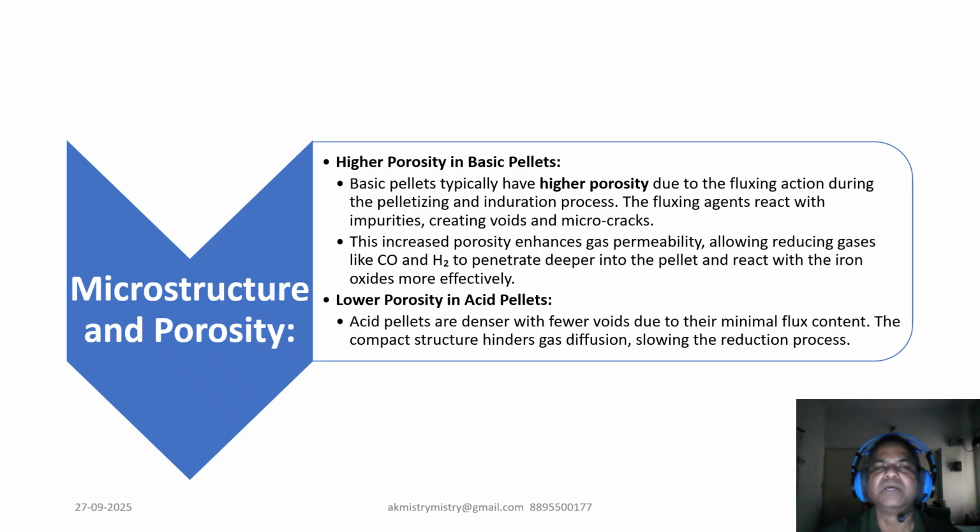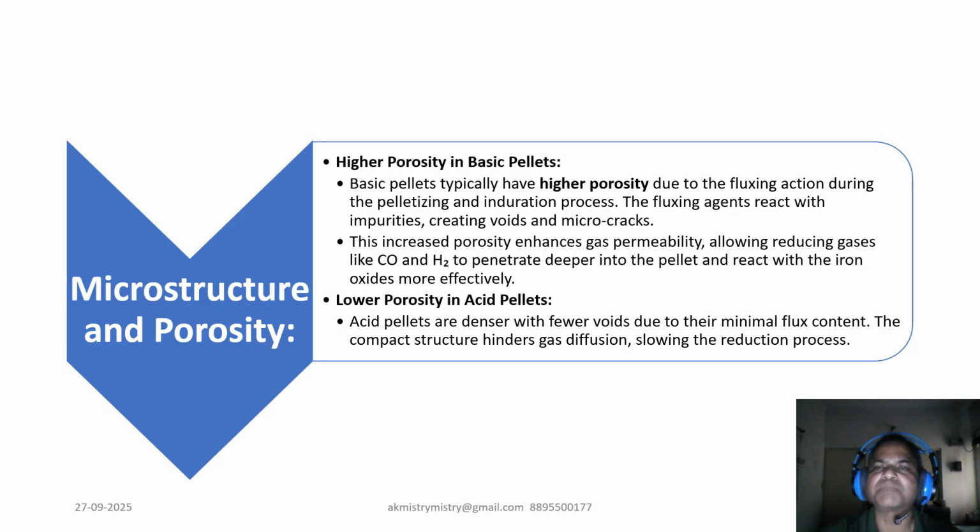Experimental observation from a study using thermogravimetric analysis and reduction experiments confirms these points. Under identical conditions, basic pellets exhibit faster weight loss, which indicates faster oxygen removal. It's quite a direct relation compared to the acid pellet.